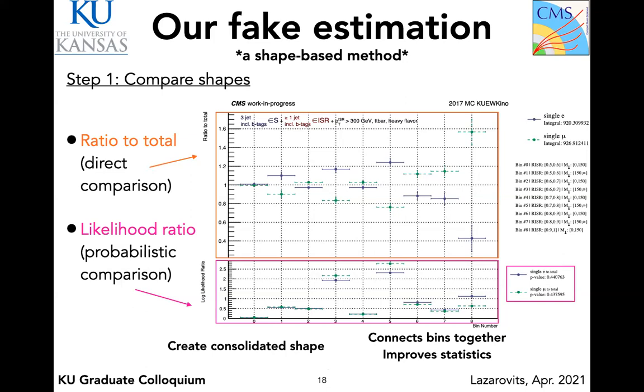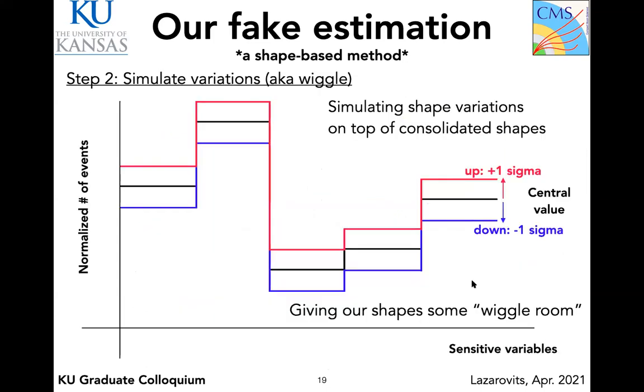And so once we have this consolidated shape, what we can do is simulate variations on top of that. Like I said, we expect the fake leptonic background to vary our shape when we look at data, and we want to be able to capture that variation. So we want to give our histogram some wiggle room. What you can see here are two different histograms, which you can interpret like a Gaussian.